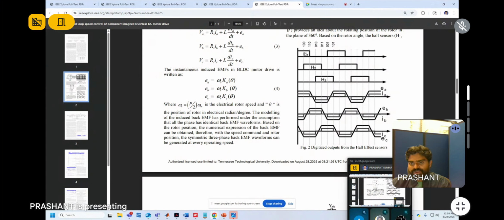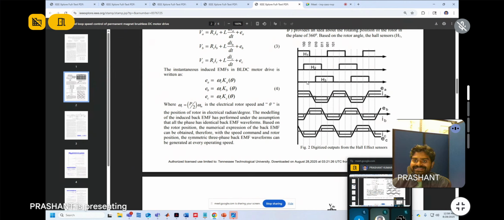Now going to sector 2, in between the first dotted line and the second dotted line, we can observe H1 is 1, meaning signals are coming across Hall sensor 1, signals are coming across Hall sensor 2, and there is no signal coming from Hall sensor 3.